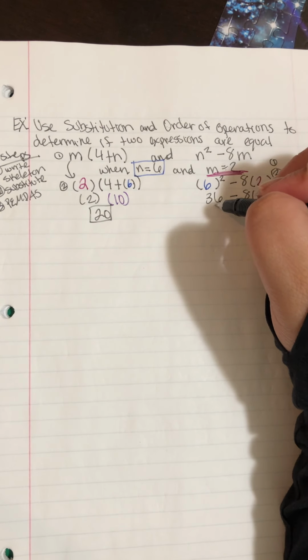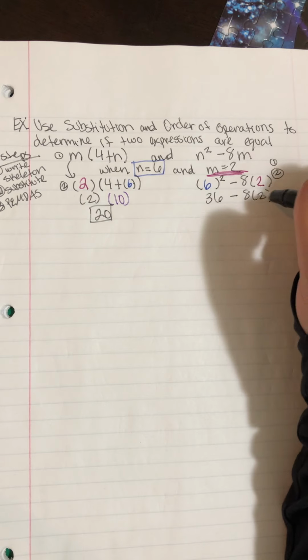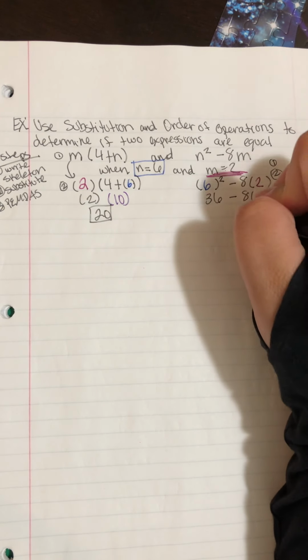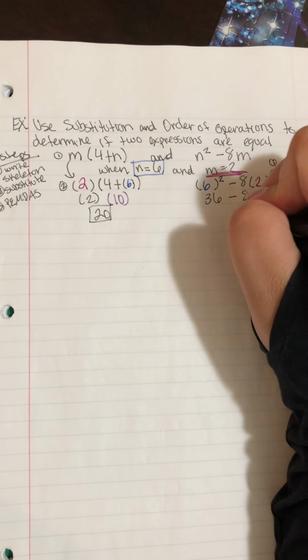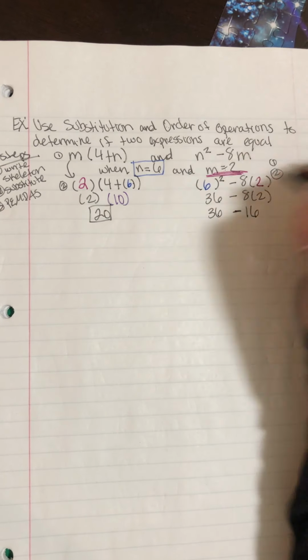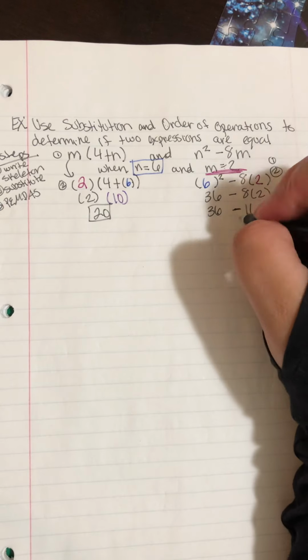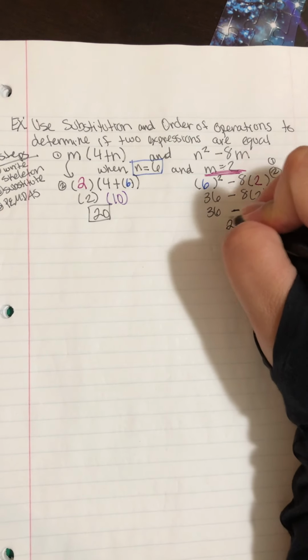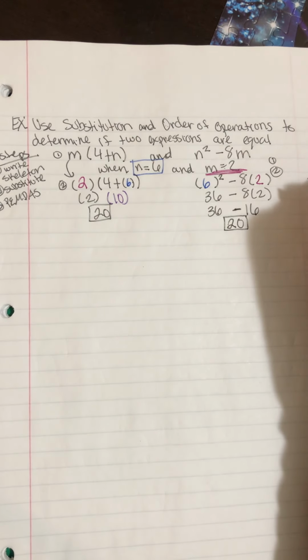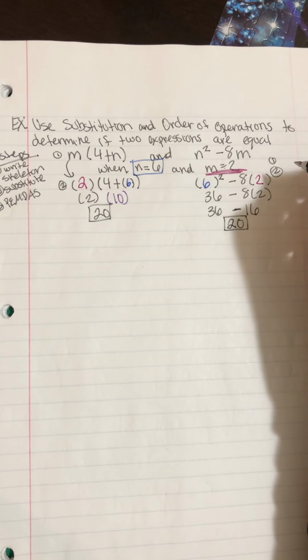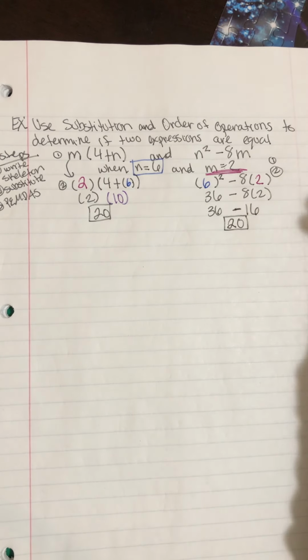There's no multiplication here except 8 times 2, which is 16. Bring it down. So 36 minus 16 is 20. Woo!